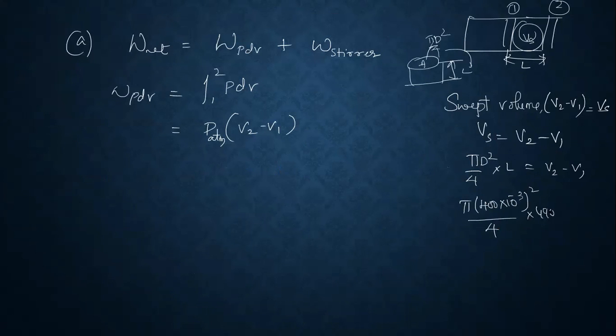L is 490 into 10 to the power of minus 3. You will get V2 minus V1. Substitute this here, and you will get the atmospheric pressure. It is how much?